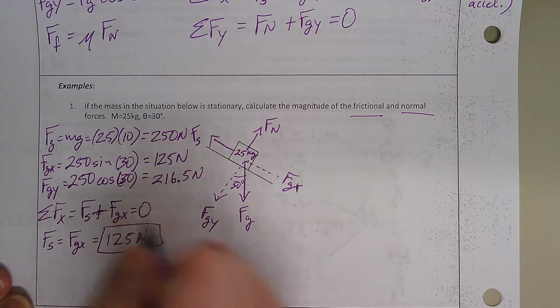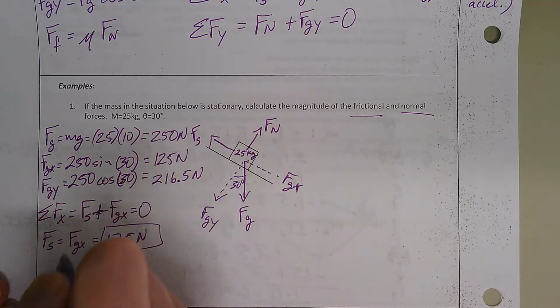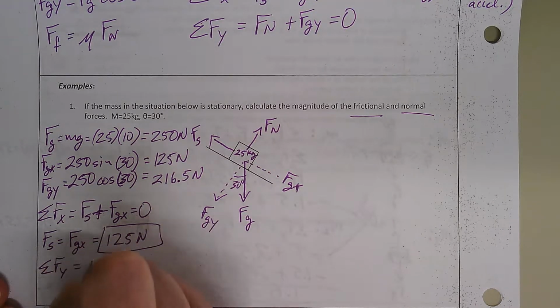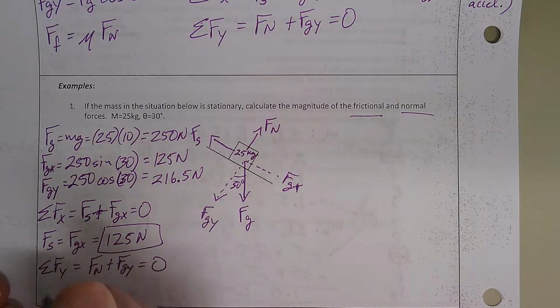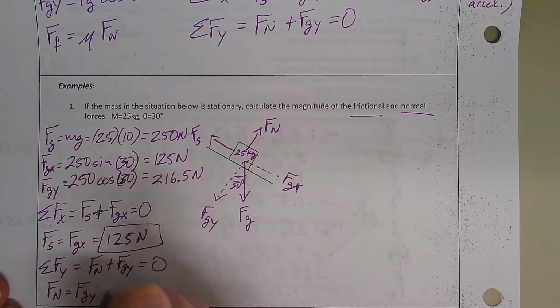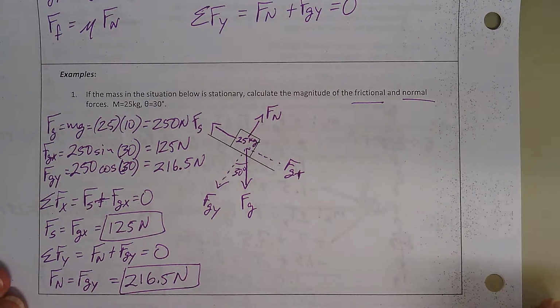So there's my static friction. Then I look at my Y, so my F net in the Y, my normal plus my Fgy equals 0, because it's not jumping up and down, which means my normal equals my Fgy, which equals 216.5 newtons. So those are my two that it asked me to find.